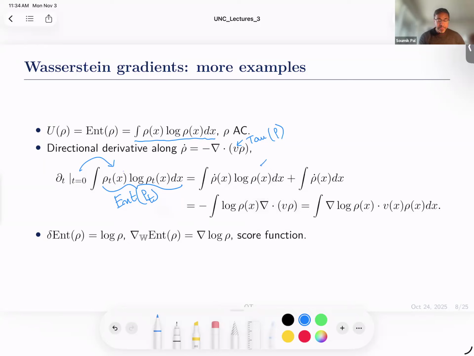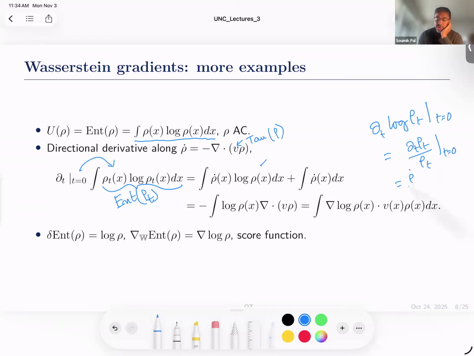And for the second part, look at what is happening here. When I take the time derivative, del t of log of rho_t, what do I get? By chain rule, this is equal to del t of rho_t divided by rho_t, evaluated at t equals 0.